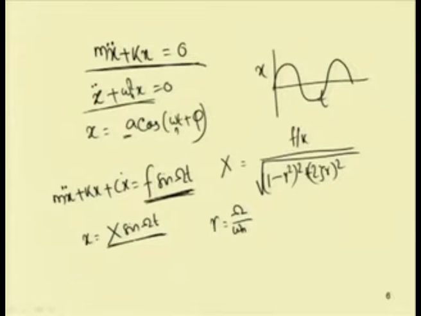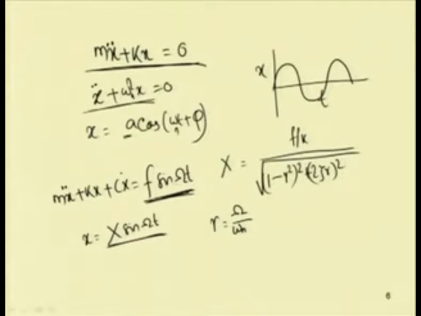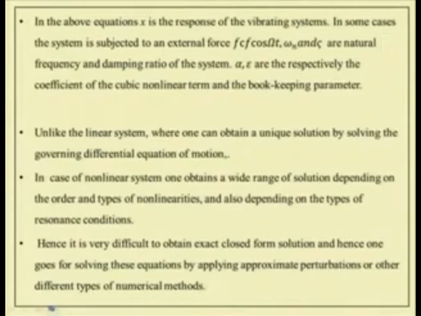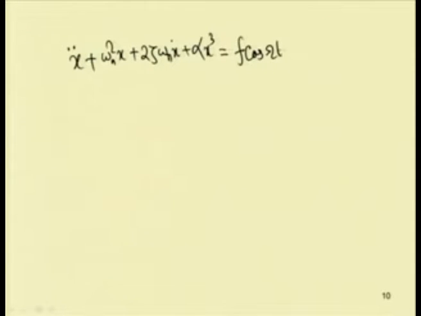If instead of taking a single component of the force, one takes multiple components of the force, for example, let us take the case of the Duffing equation. We can write the equation as x double dot plus omega n square x plus 2 zeta omega n x dot plus alpha x cube. If I am taking a forced equation, I can write it in this form.